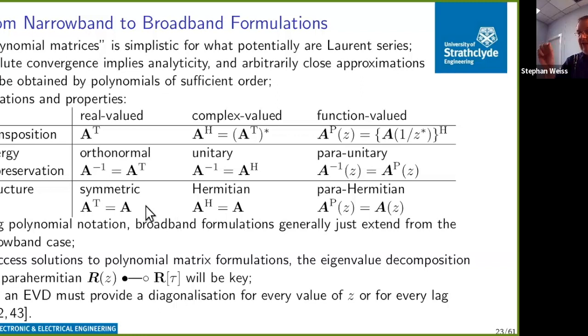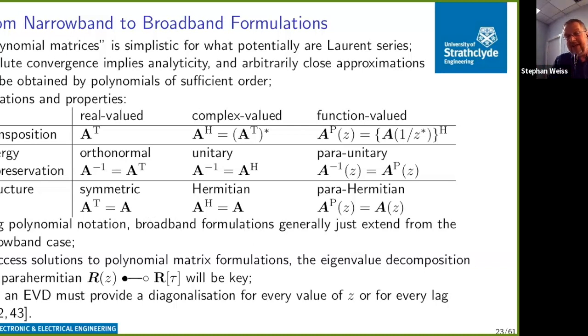And in terms of interesting structures, what we discussed in terms of the space-time covariance matrix, symmetry in the real valued case turns into Hermitian symmetry in the complex valued case and into the para-Hermitian matrix in the function case. So with these kind of equivalents, it turns out that a lot of narrowband problems can be extended quite simply to the broadband case.